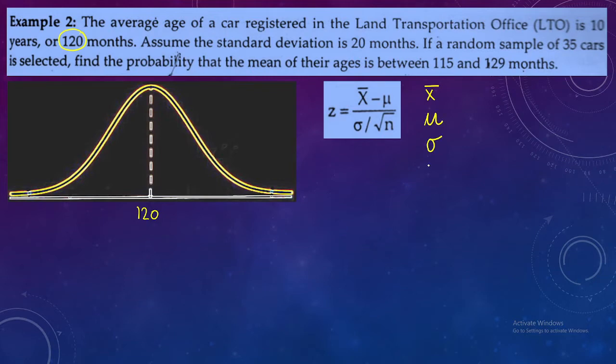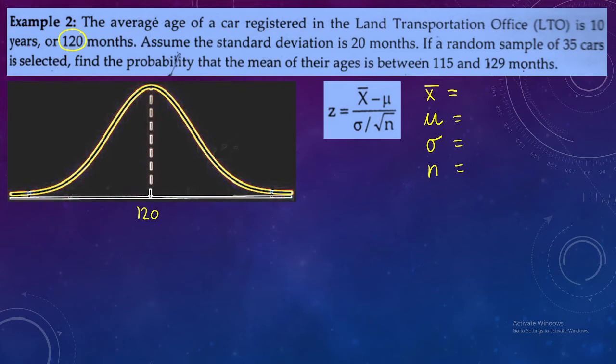Now, what is 120? What is 120 over here? Look at the first sentence. The average age. If the word sample is in the first sentence, then that will be the sample mean.